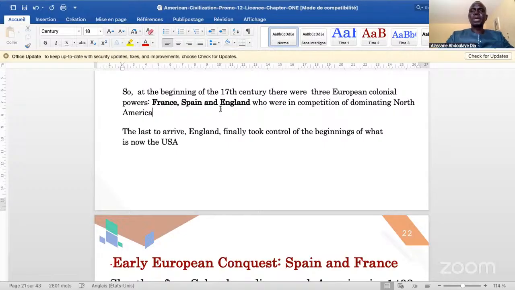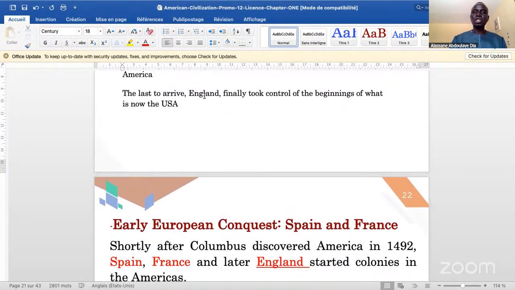So these European colonial powers, France, Spain, and England, were in competition of dominating North America. So America was a land of competition, a battleground. Each country had to play well to occupy the land. I repeat, the last to arrive was England.